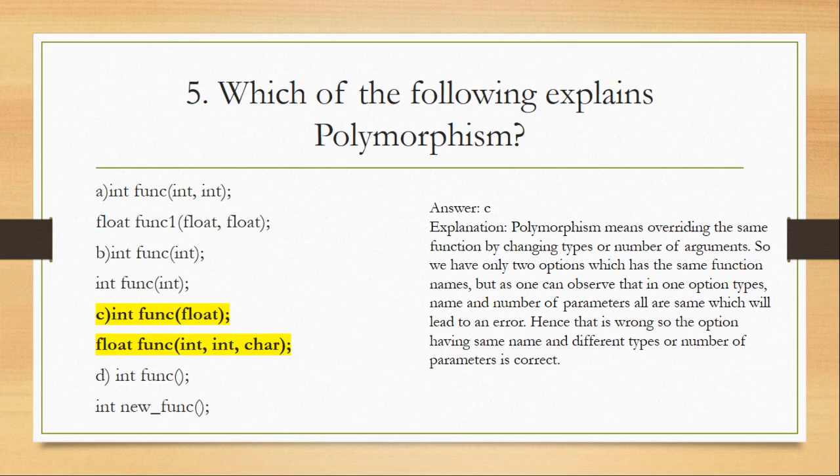So the option having the same name and different types or number of parameters is correct. So option C, where both functions have the same name and the types are different, that is polymorphism.